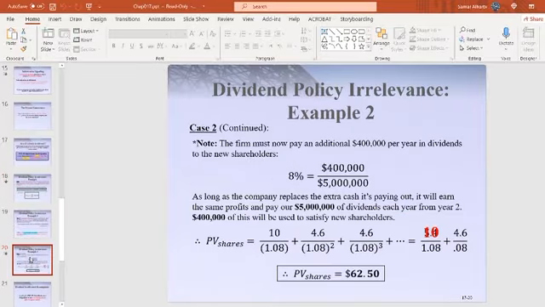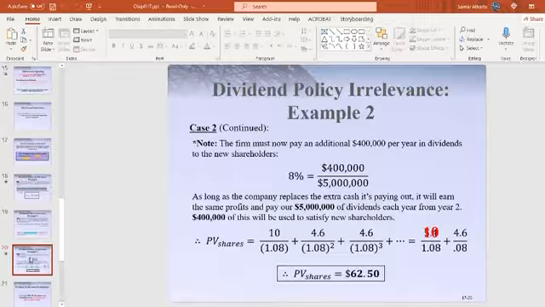Now, what is the change in this example? In this example, the dividend per share is now 4.6, divided by 8% is the value of the shares. In the first year, it will give a dividend of 10. So the dividend at the end of the first year is $10.